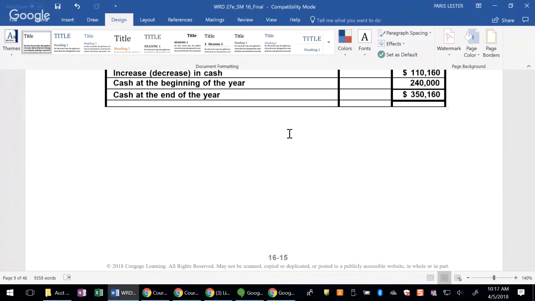Is our increase in inventory twice? Decreases.